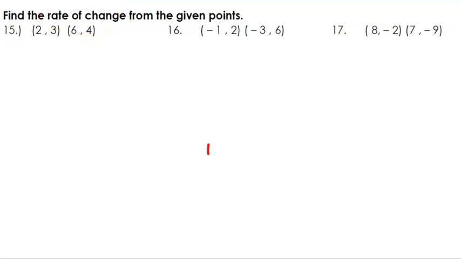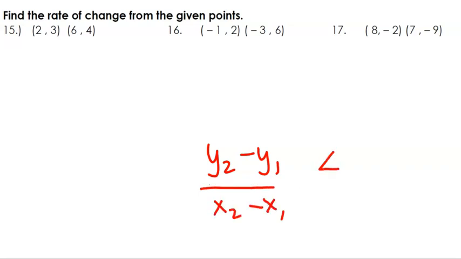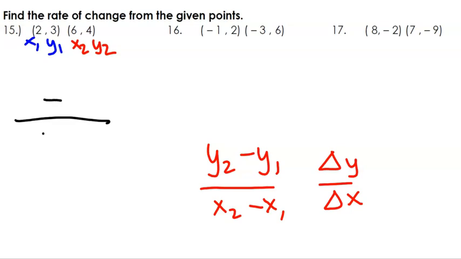When you're given 2 points, you use this formula to help you find that value. It's called the change in y divided by the change in x, or the slope formula. So don't forget to label your points. This is the x1 and y1, and this one here is the x2 and the y2. Don't forget that your formula has a subtraction in the fraction, and then each value brings its own sign to the correct position.